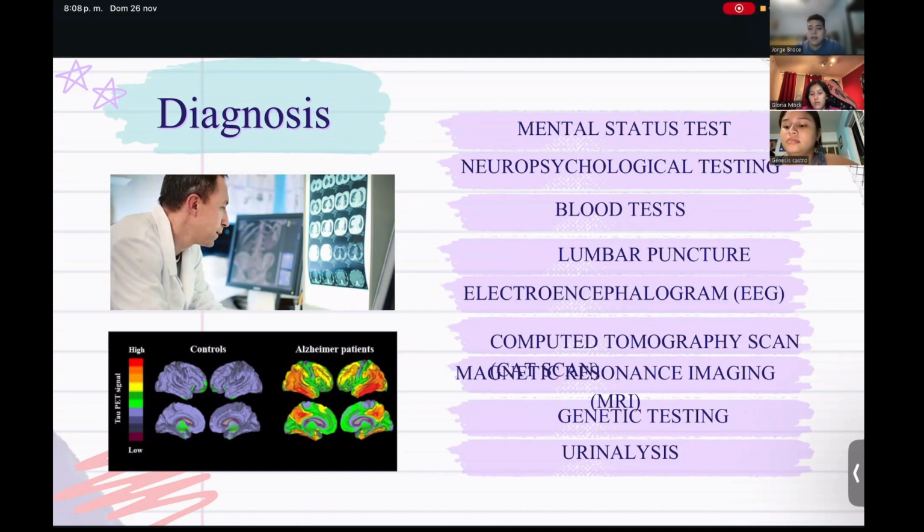In addition to completing a medical history and an extensive neurological, motor, and sensory exam, diagnostic procedures for Alzheimer's disease may include the following: a mental status test, neuropsychological testing, blood test, lumbar puncture, electroencephalogram, computed tomography scan, magnetic resonance imaging, and genetic testing or urinalysis.